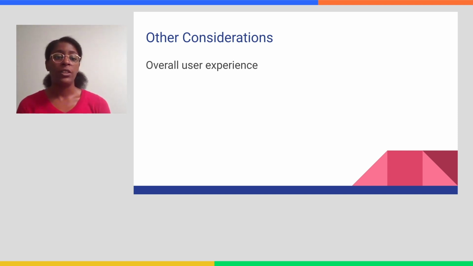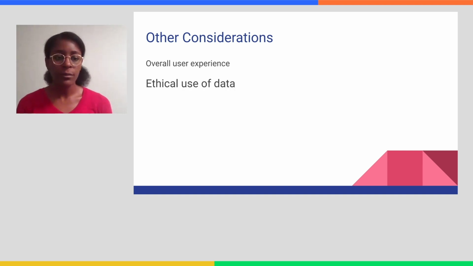First off is the overall user experience. Everything you design for a virtual reality world should have the user experience in mind because they're being submersed in a completely different environment. You don't want them to feel lost or like they don't know what they're doing because then they'll abandon your app completely.